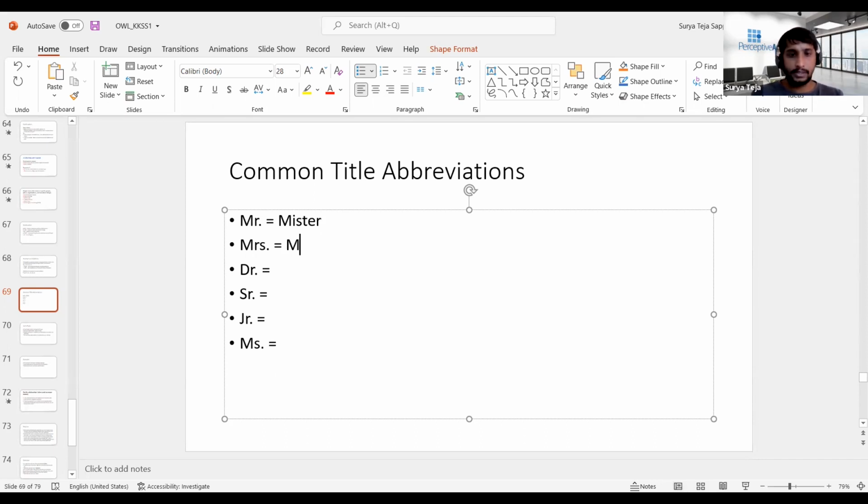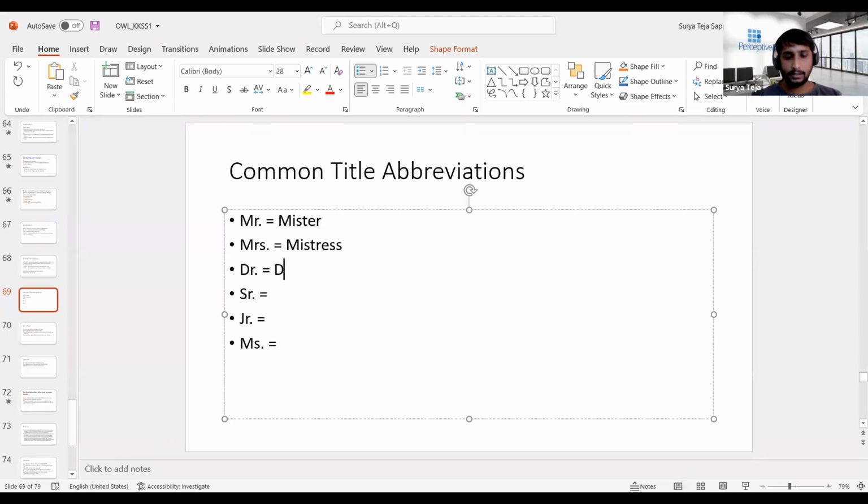The same goes with Mrs. Even here, the first letter and the last letter have been taken, and the full stop is put because it indicates to the reader that this is just a short form of the word. These are commonly accepted in British English as well as in American English.